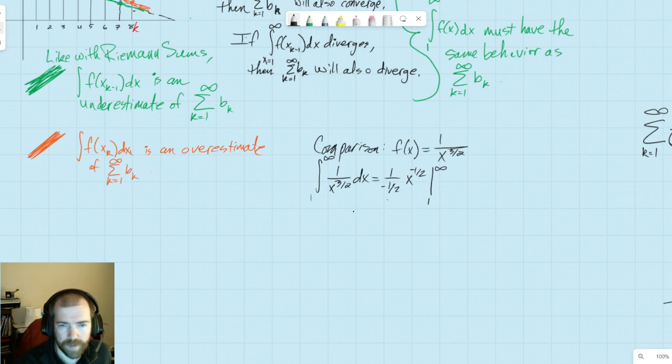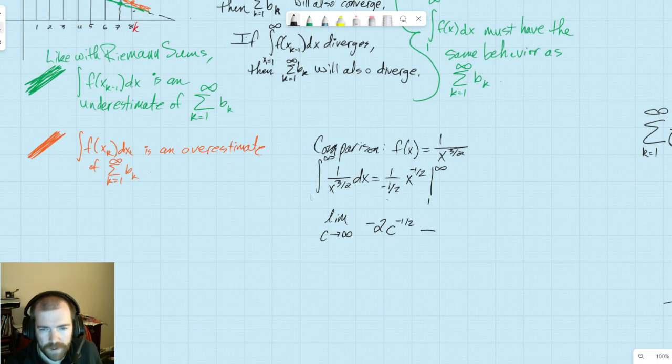And again, here we can make this a limit as c goes to infinity of, here this is going to be negative 2, this is going to be c to the negative 1/2, minus negative 2, and here 1 just gets plugged in.